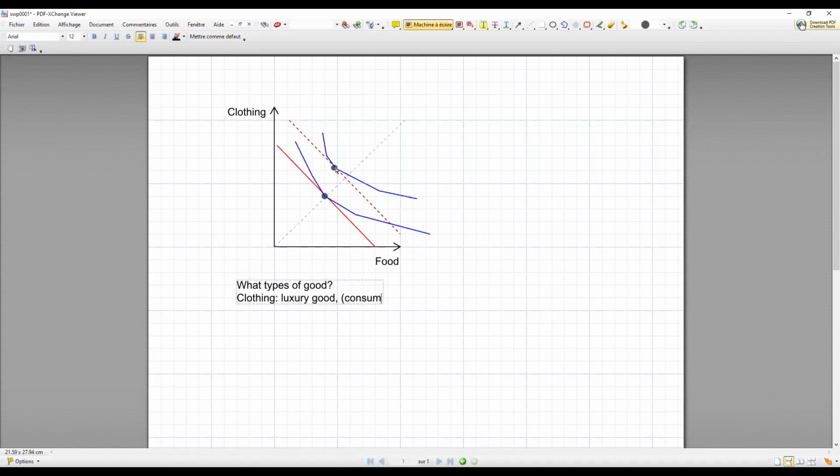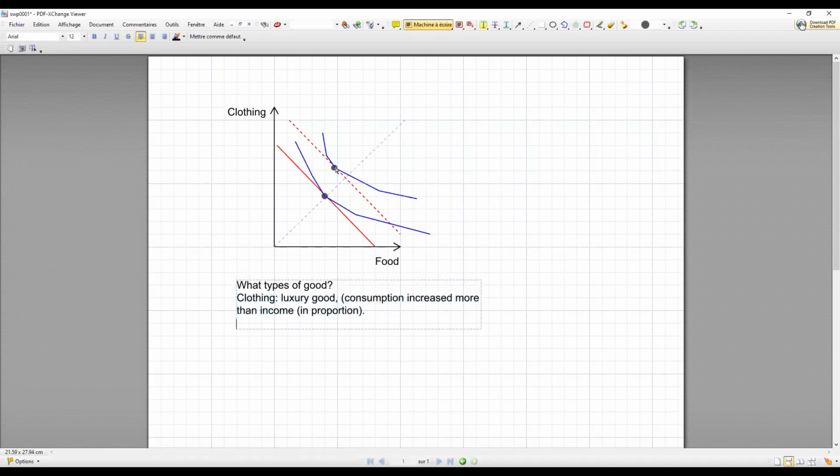Consumption increased more than income in proportion: clothing.